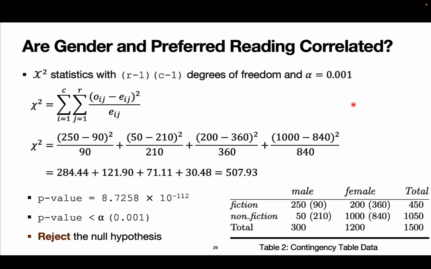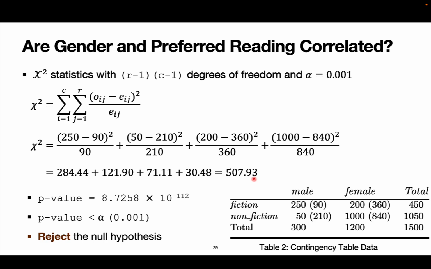Computing the chi-square statistic is still straightforward, so we are going to find observed minus expected squared over expected and take the sum. In this case, we get 507.93. And in this problem, we have 1 degree of freedom because we have 2 rows and 2 columns: 2 minus 1 by 2 minus 1 is still 1.